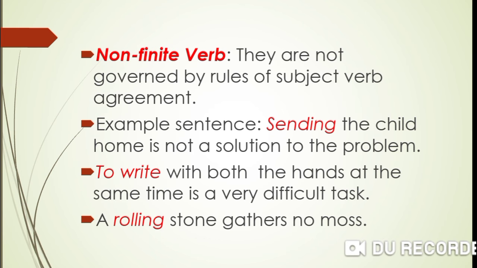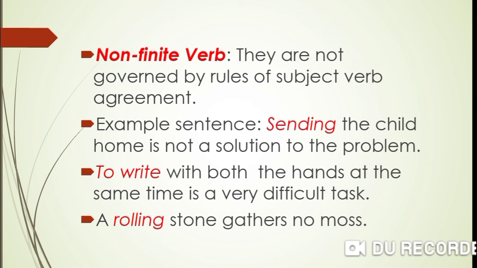Then next we'll talk about non-finite verbs. So they are not governed. The previous one, the finite verb, was governed by the subject, by the rules of subject-verb agreement. Subject-verb agreement means what? According to the subject there must be a verb. If the subject is she, the verb would be calls.